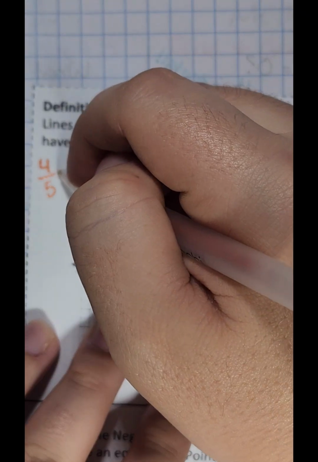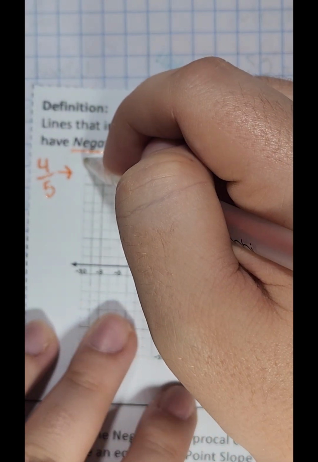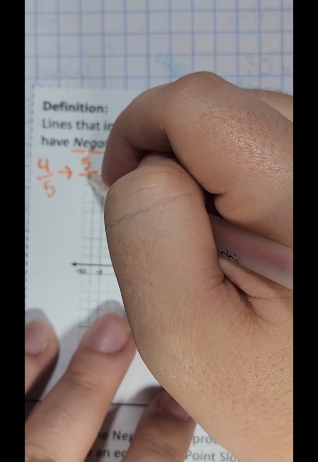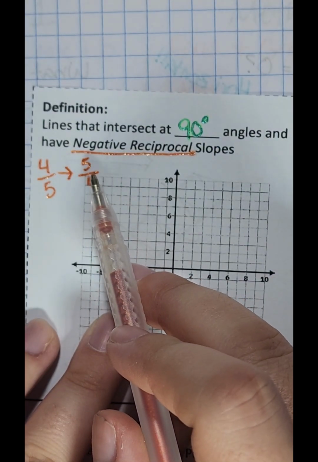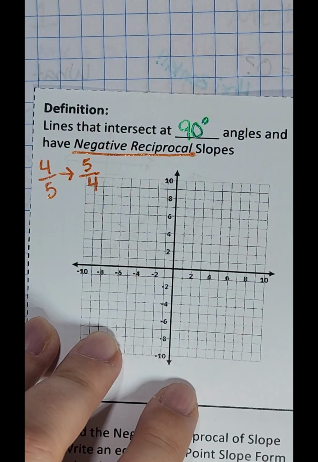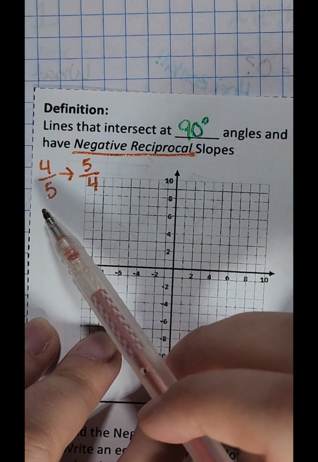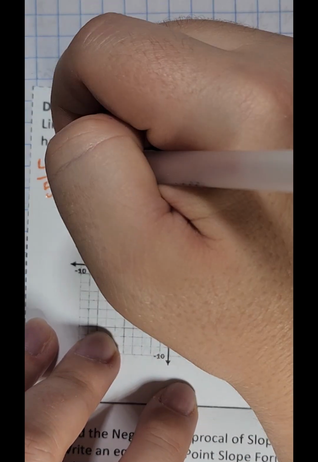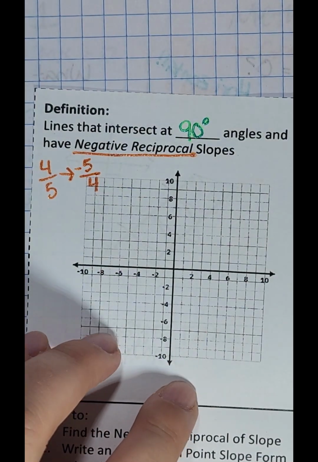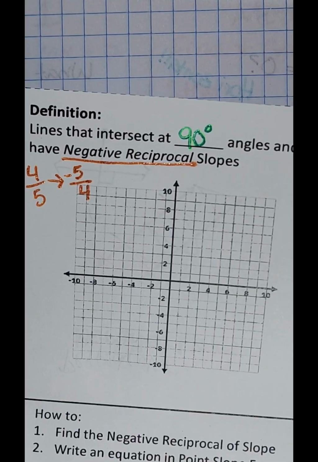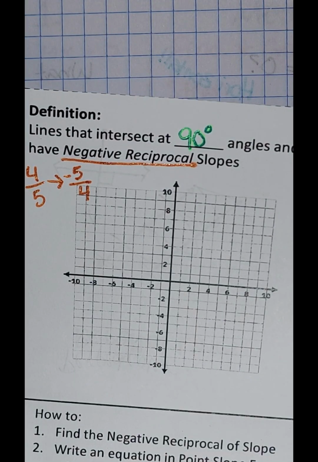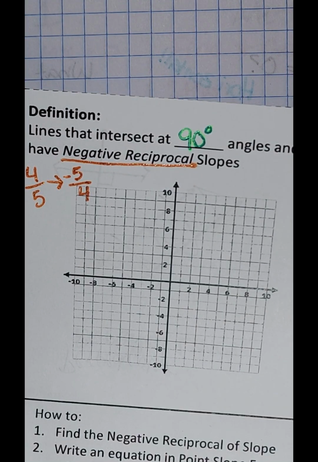So the reciprocal of this is going to be 5/4, and the word negative tells us that we need to have a negative, or we're taking the inverse of this as well. So if it was positive, now it's negative. So this is negative 5/4. Those are negative reciprocals.